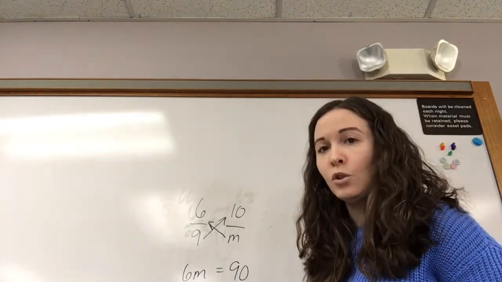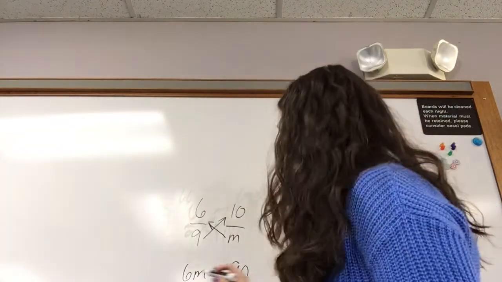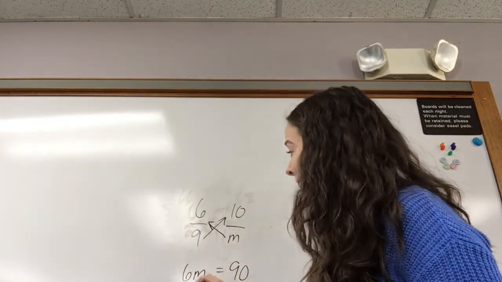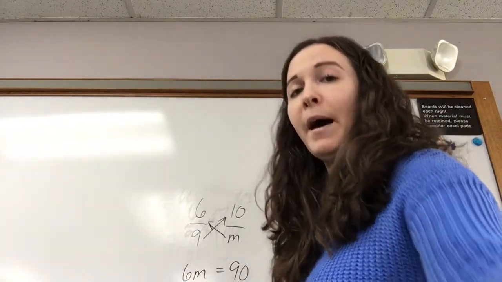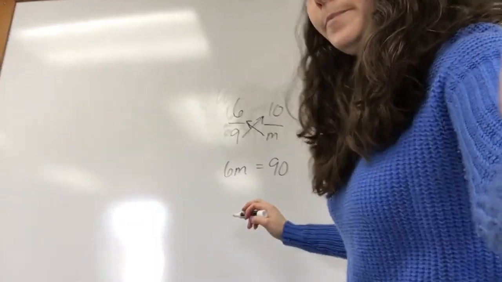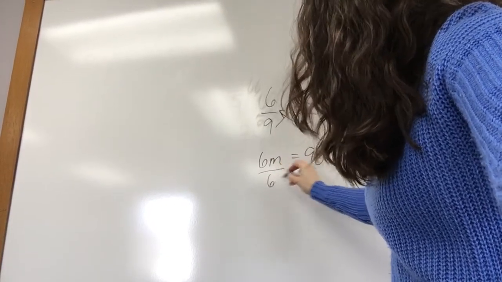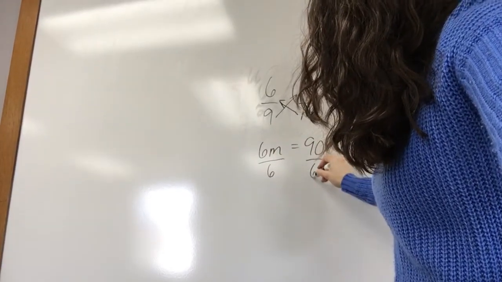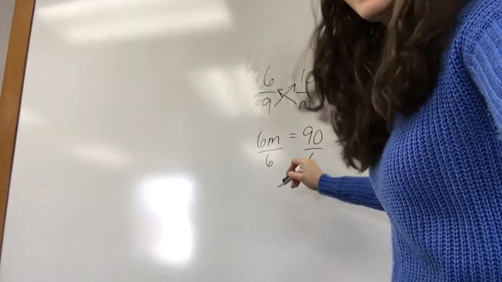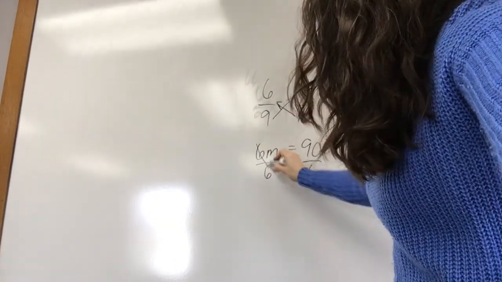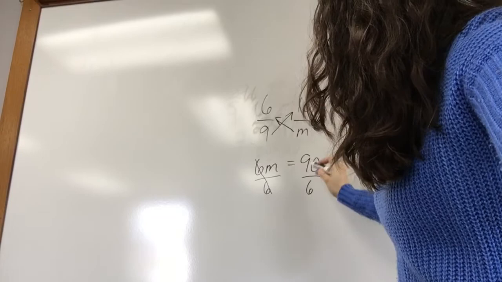So remember that to solve these equations, we're going to divide each side by 6 to isolate m by itself. So in this way, we will put 6m over 6, 90 over 6. We divide 6m by 6. You can simply cross that out, leave m by itself.